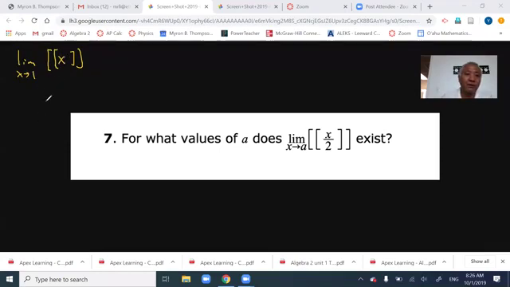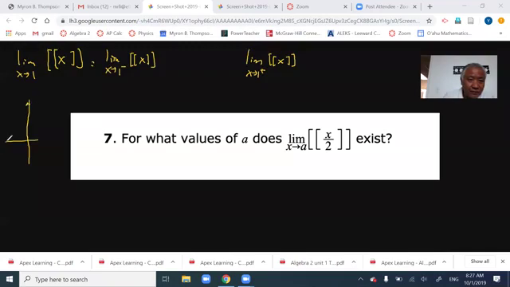You got it? Okay, let's see what happens on the graph. This is 1 here.